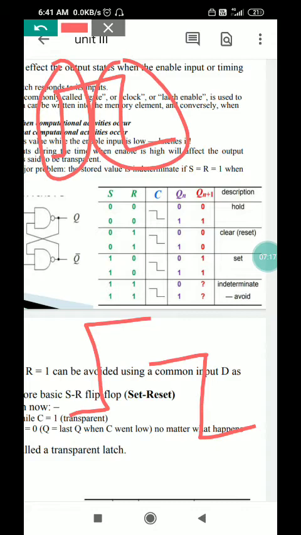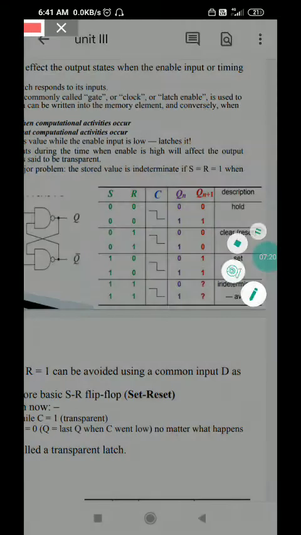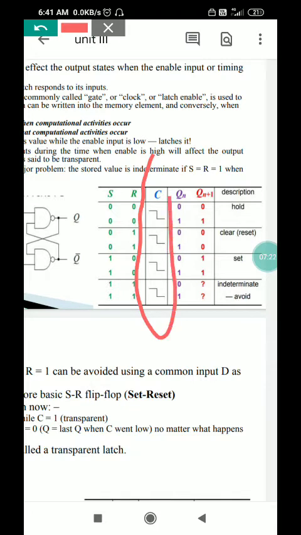In the column it has shown falling edge. So three things must be there at the input side as per the circuit diagram: set input, reset input, and clock. As per the definition of a sequential circuit, its output is dependent not only on the present input, but also on the present state of the circuit. Therefore the present state is shown by Qn, and the next output is given by Qn plus 1.